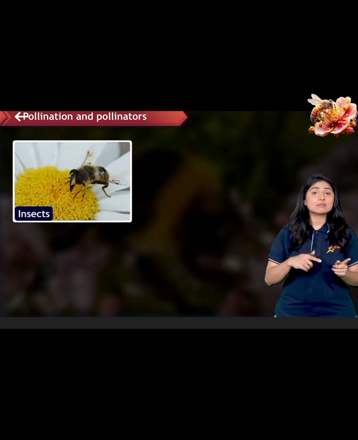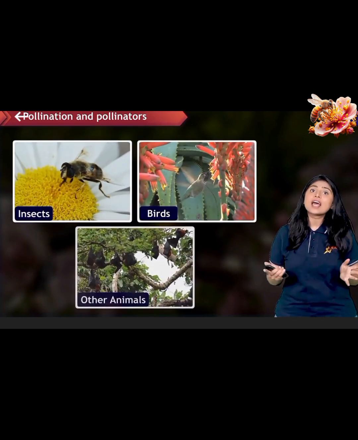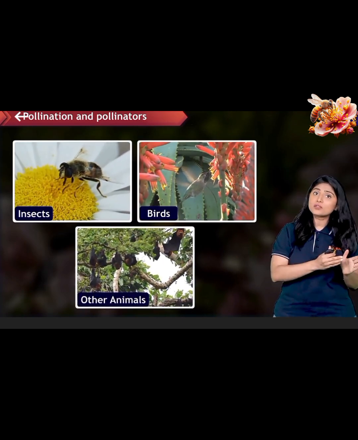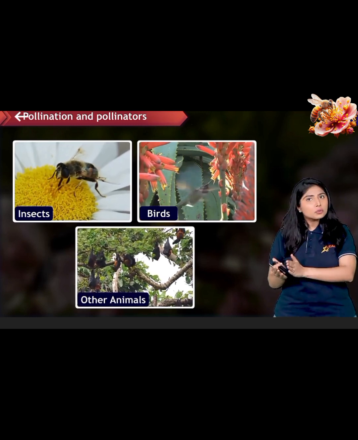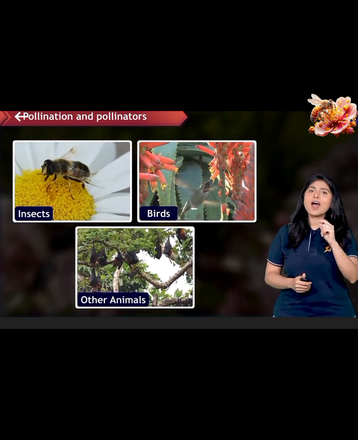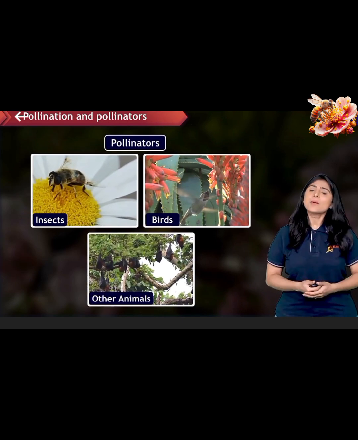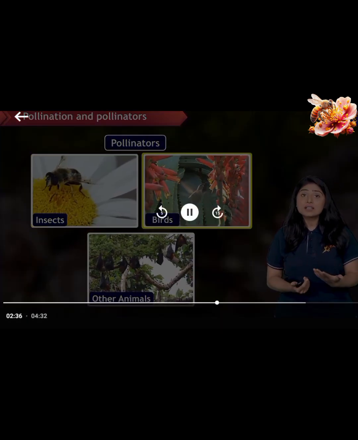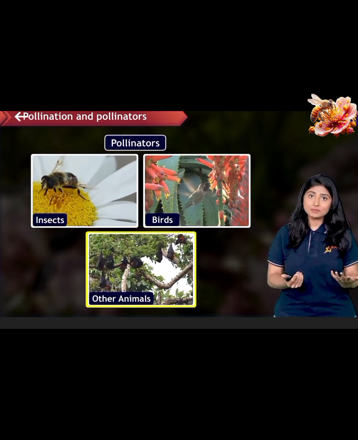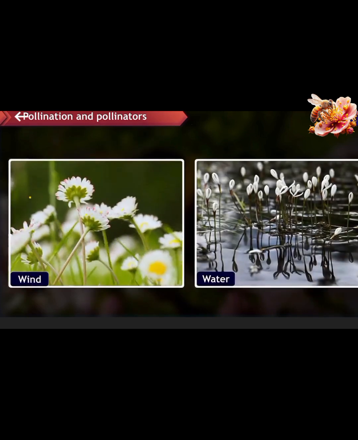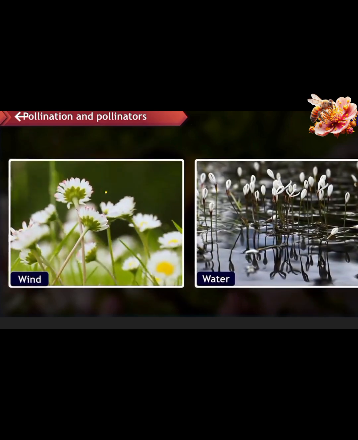The insects, birds, and other animals that move pollen grains from the anther to the stigma of a flower are called pollinators. Apart from insects, birds, and other animals, wind and water also help in pollination.